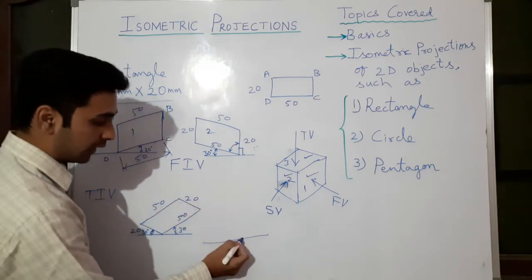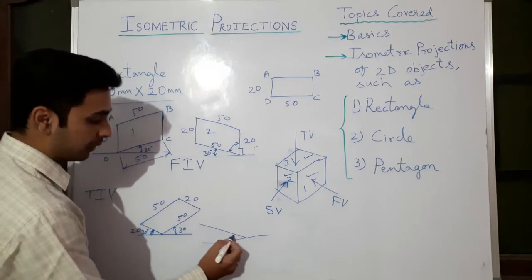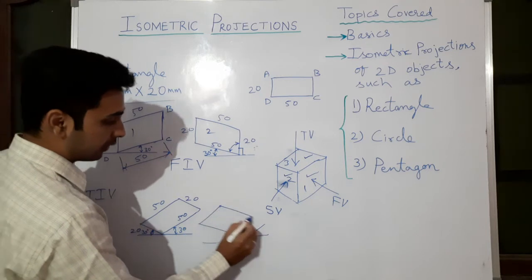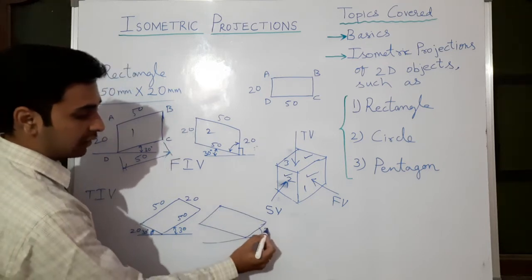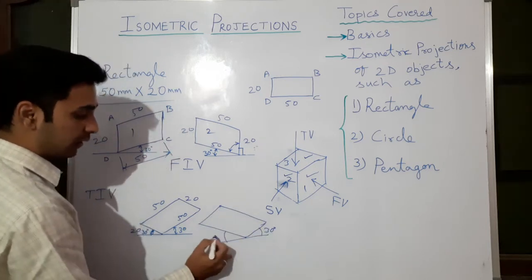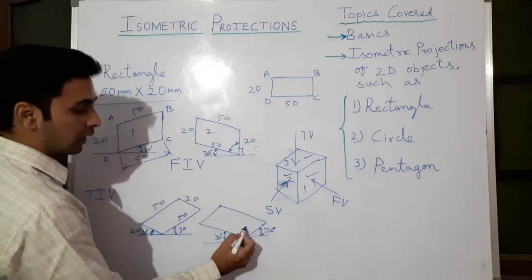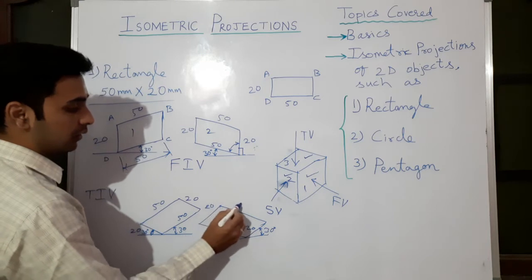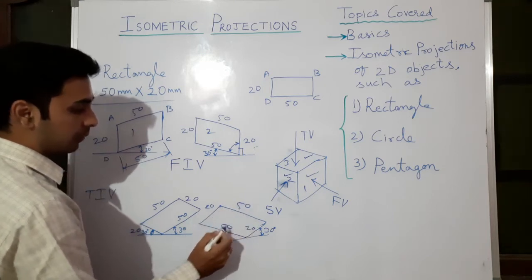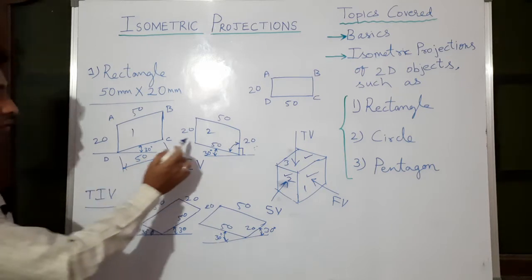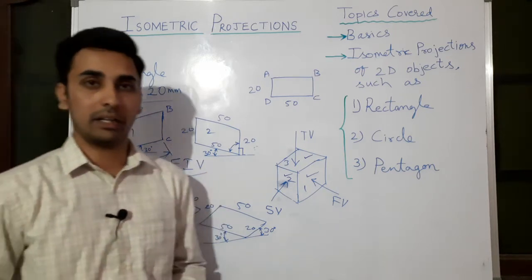You can also take this side as 50 and this side as 20 and then join like this. So here also this is at 30 degree, this is also at 30 degree. This is 20, this is 20, this is 50, this is also 50. This is called the top isometric view of a rectangle. This is called the front isometric view of a rectangle sheet.